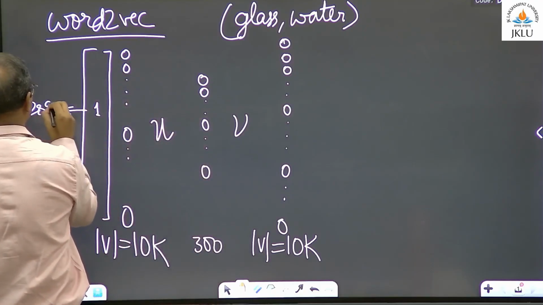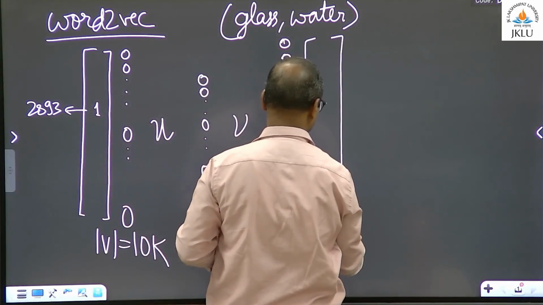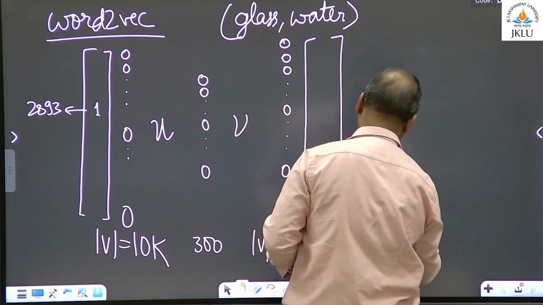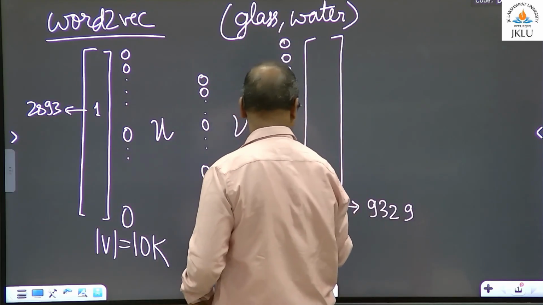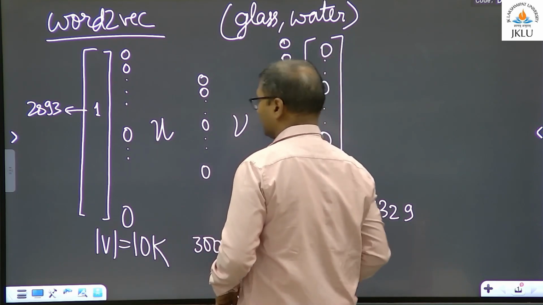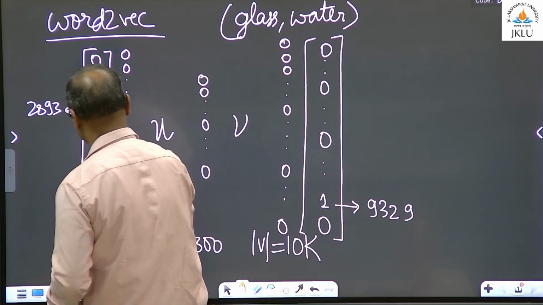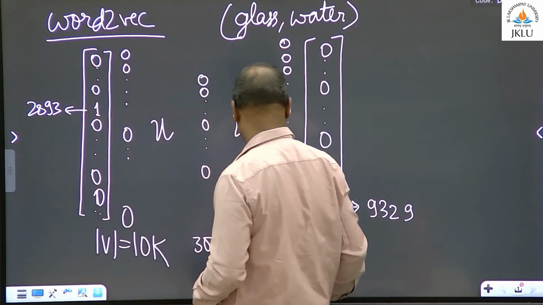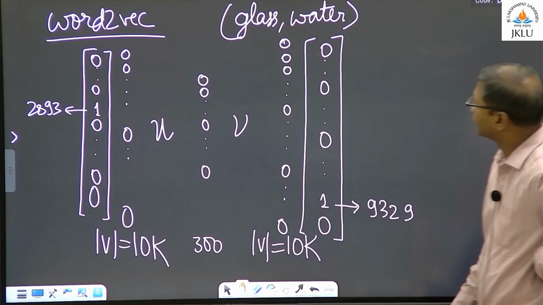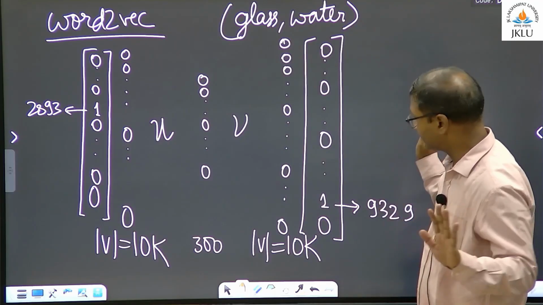So 2893, let's say, and I want my output to be a one-hot vector for water, which was 9329, let's say, whatever. Okay. So this was the case. Everywhere else there will be 0, and so on. Okay. Now, when you input glass, you want output to be water, as simple as that.